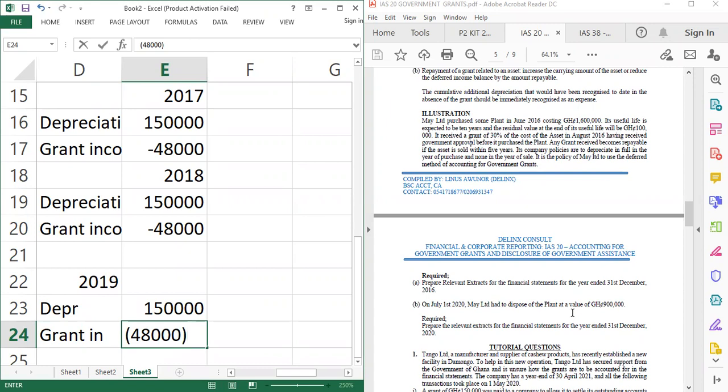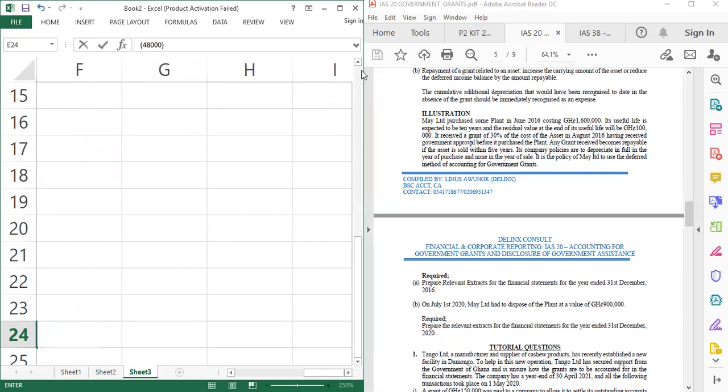June to July 2017 is 1 year. 2017 to 2018 is another year, 2 years. 2018 to 2019 is 3 years. 2019 to 2020 is 4 years. So the asset has been sold within 4 years, which is within 5 years. So we are going to pay the grant back, isn't it?